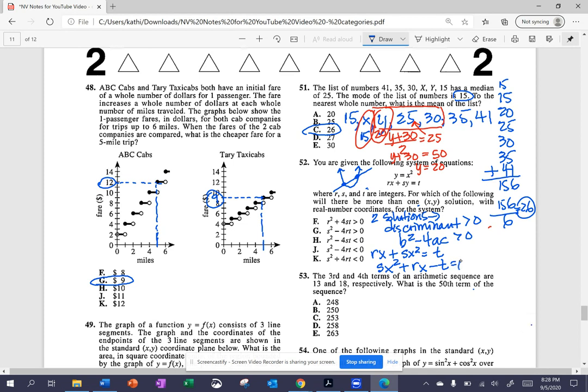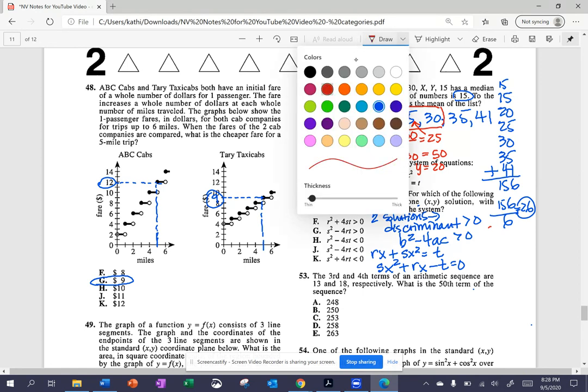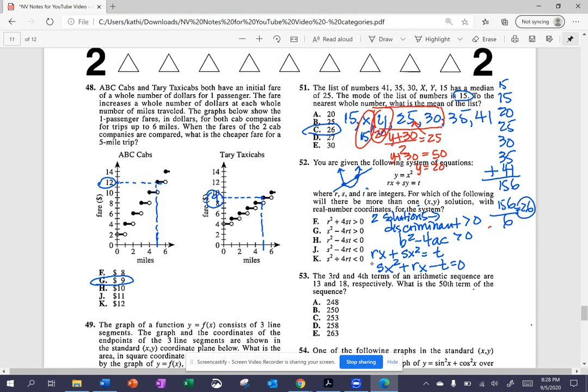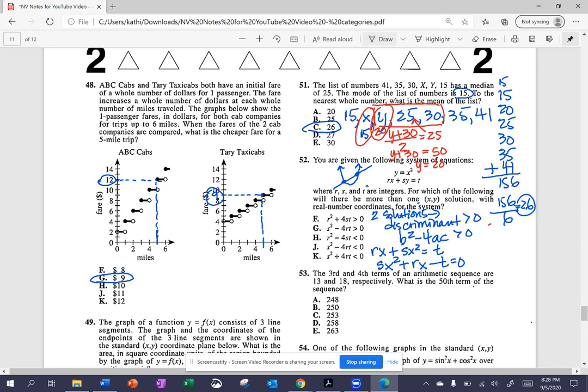So my discriminant, so here is a, this is b, and c is -t. So my discriminant, b squared, would be r squared minus 4 times a, which is s, and c is -t, when that's greater than 0.